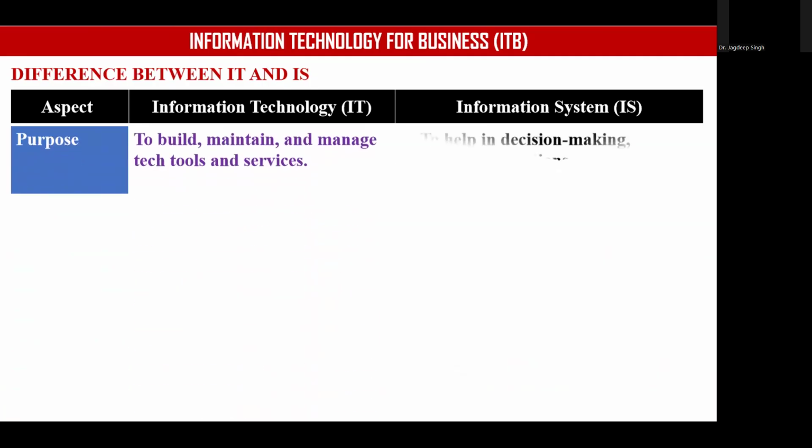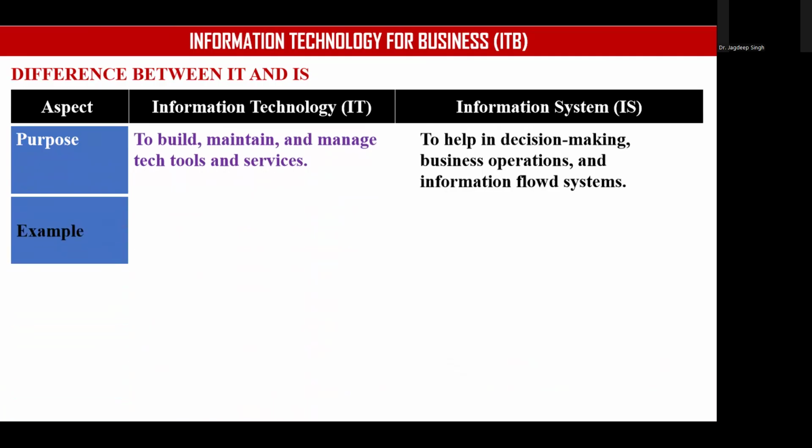Now, purpose: IT is to build, maintain, and manage tech tools and services, whereas IS is to help in decision making, business operations, and information flow. Example: the computers, software, and database used in that system.